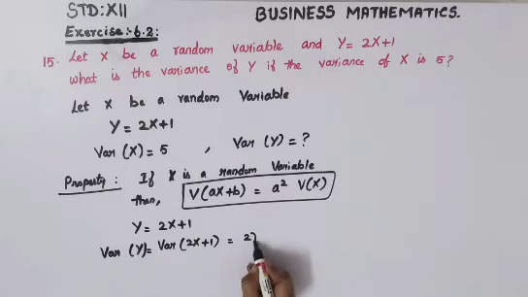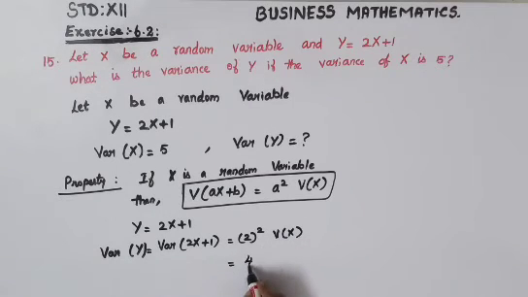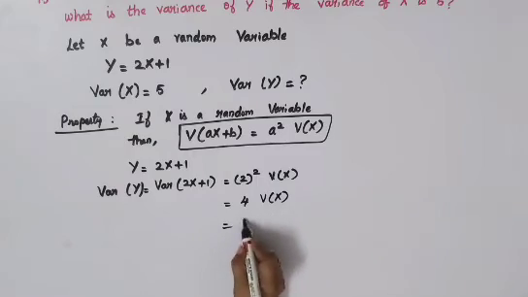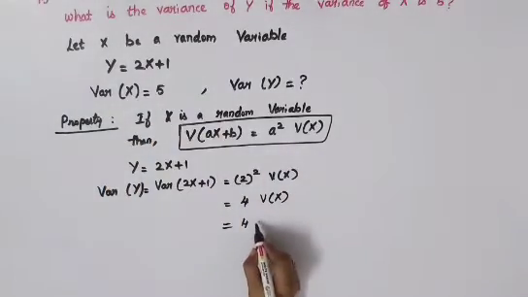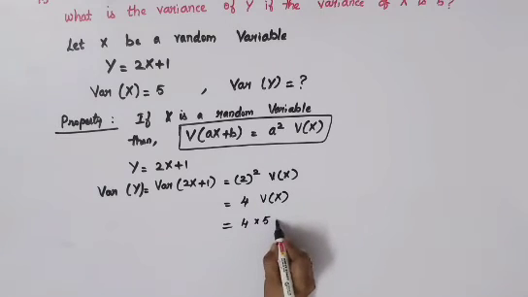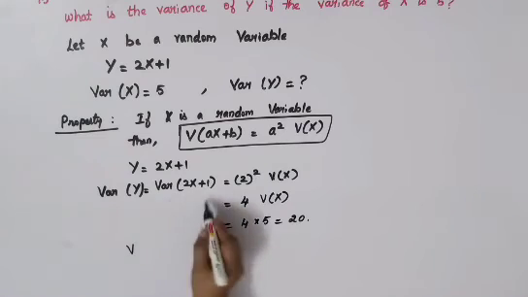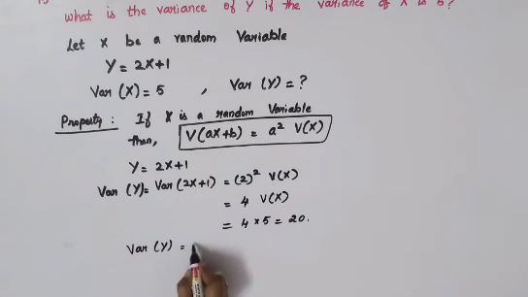So that is 2 square into variance of x, which is equal to 4 into variance of x. So which is equal to 4 into, they have given you variance of x is 5. So 4 into 5 we can write, that is equal to 20. Therefore variance of y only we are finding. So variance of y is equal to 20. This is the answer for your 15th question.